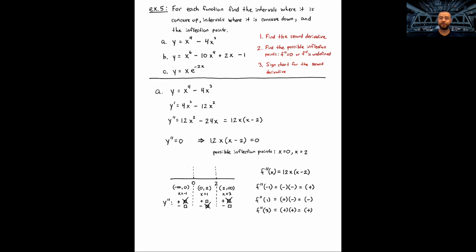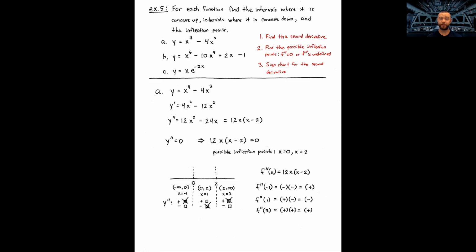And we can use our same tricks as before. We're going to pick a test point on each of those three intervals. We're going to choose going left to right, test points x equals -1, x equals 1, and then x equals 3. Again, you could choose any x values in those intervals.